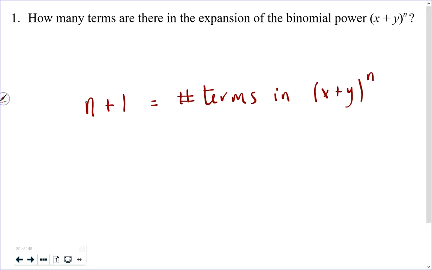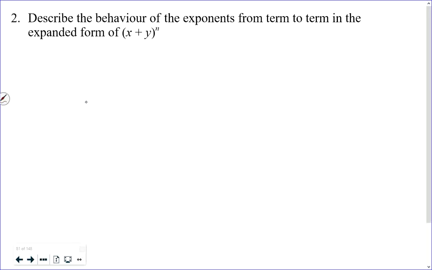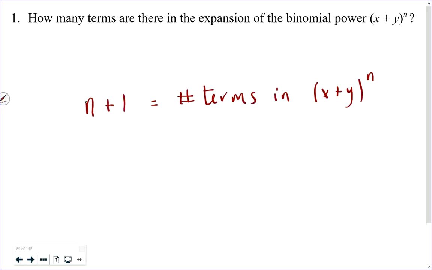And again, we're limiting ourselves to n being a whole number. We would use different ideas in mathematics if they were fractions or if they were negative numbers or negative fractions. Everybody's clear on where I'm getting the n plus 1 from?